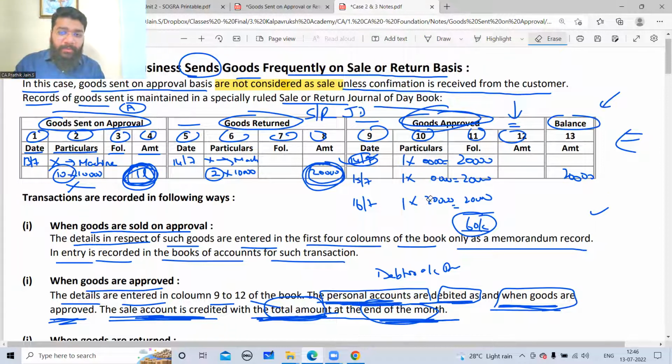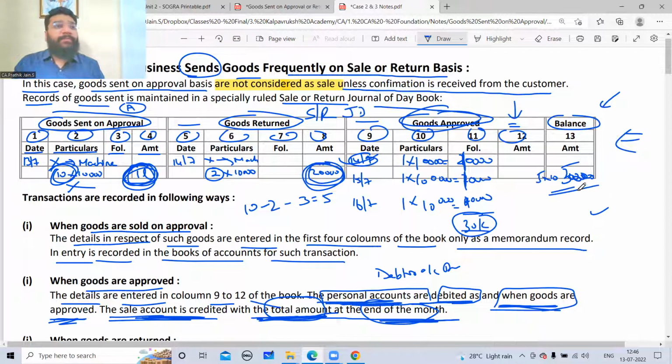Actually, this is 10,000 each. 10,000, 10,000, 10,000. So 10 machines is being sent. In that, 2 has been rejected and 3 has been approved. So balance is 5. 5 into 10,000 is 50,000 rupees worth of goods still balance.